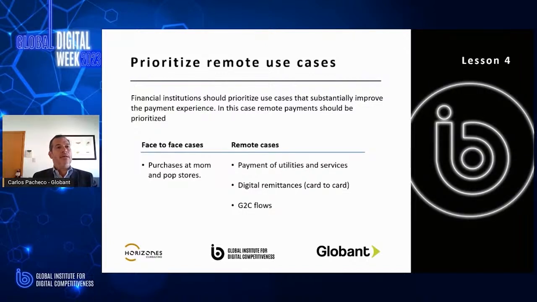In the past, I think that most financial inclusion efforts have been focused on face-to-face use cases, mostly those about doing grocery purchases in small mom and pop stores called changarros in Mexico, pulperias in Costa Rica.